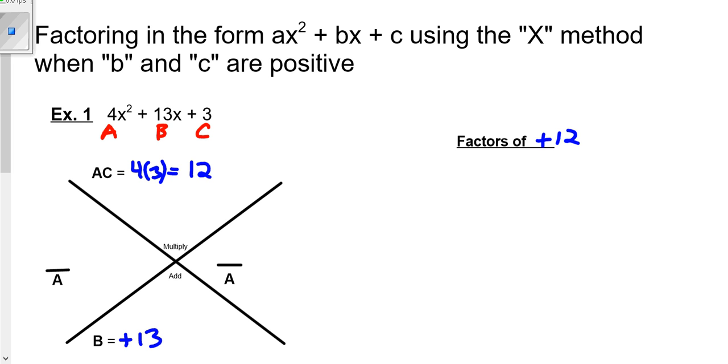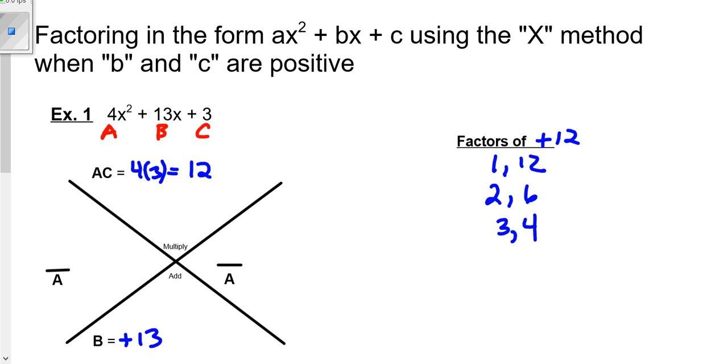Now, if B and C are both positive, your B is positive, your C is positive, that means both your factors that you choose are going to be positive. So we're going to write down all our factors of 12, which is positive 1, positive 12, positive 2, positive 6, and positive 3, positive 4.